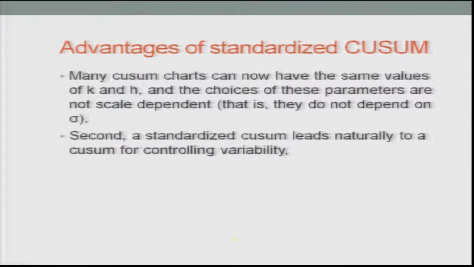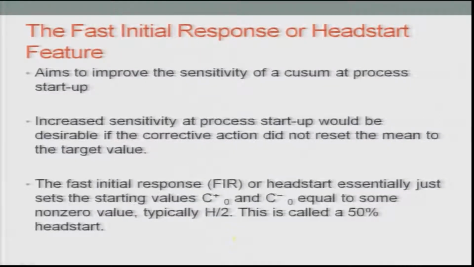So, even if sigma is 1, 2, 3, 4, it will be scaled because you are dividing by sigma, and finding the difference between the actual random variable xi and its target value, mu naught. The second advantage is a standardized CUSUM leads naturally to a CUSUM for controlling the variability, and it is much easier to read and understand the tables and the charts accordingly.